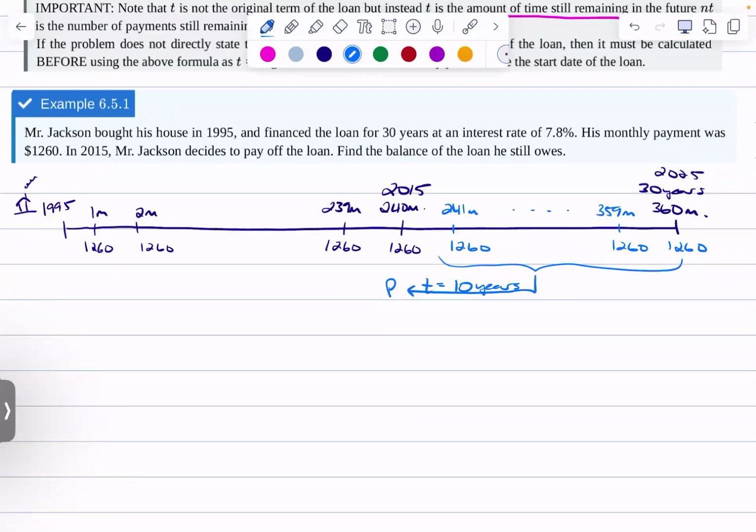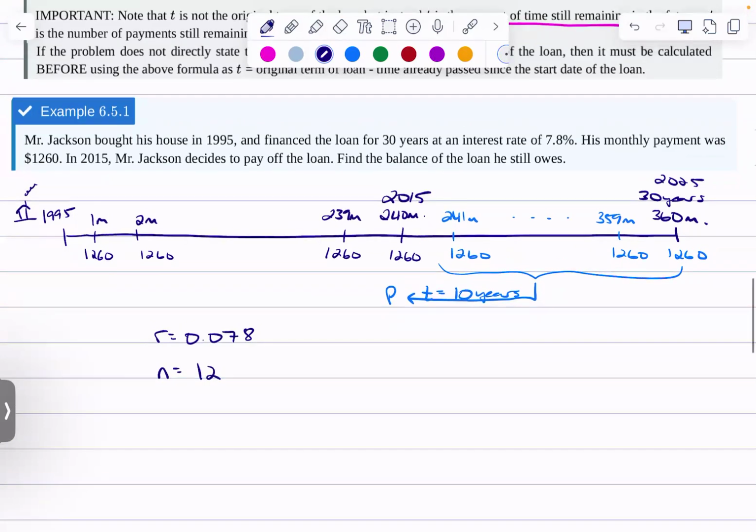So we need the rate. I'll just jot it down here somewhere. The rate is 0.078. And we need the compounding frequency or the payment frequency, because they'll be the same, is 12 times per year. And I'll just make a note of it here, 1260.